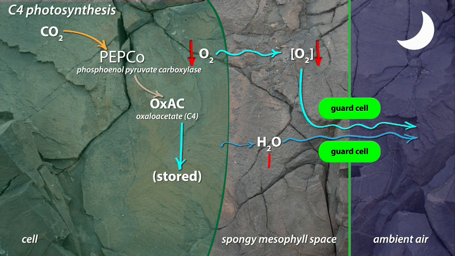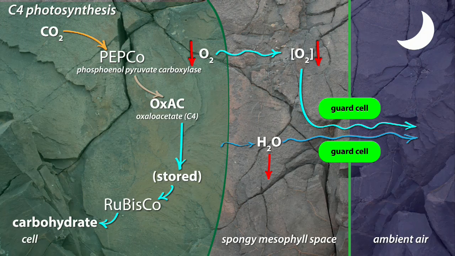Water vapor loss is now lessened because external temperatures are cool and humidities are high. Oxaloacetate is then mobilized and fed into the Rubisco pathway for conversion to carbohydrate. Because oxygen concentration within the cell has dropped, photorespiration is no longer a problem. Carbon fixation is therefore decoupled from water vapor loss in C4 plants.